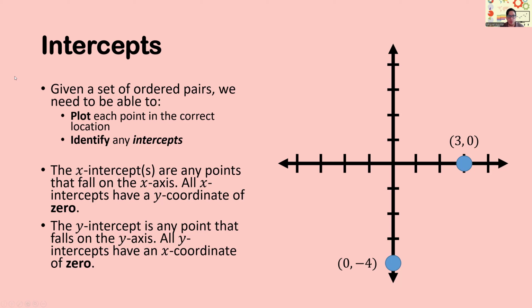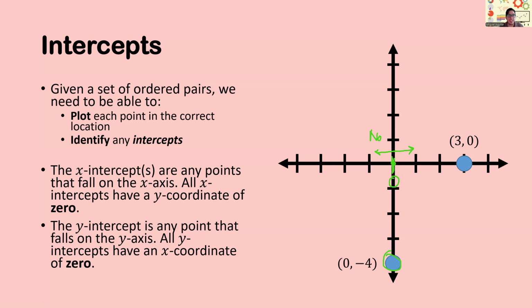If we start at the origin, ask yourself, did I have to go left? Did I have to go right? Did I move at all to get to this point down here? Did I move left or right? No, right? So this number on my x-axis is 0.